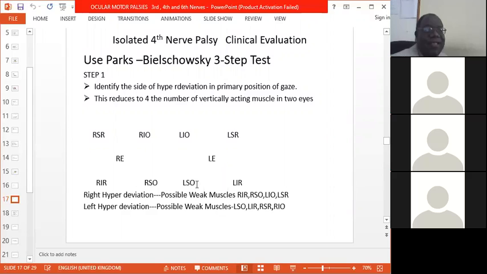And therefore this eye looks slightly elevated. Okay? Right hyperdeviation, possible weak muscles, right inferior rectus, right superior oblique, which is this one, left inferior, that one. This is weak, this is weak. This will appear to be higher.